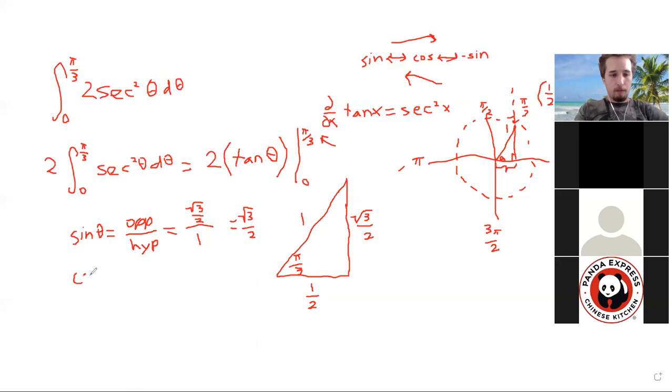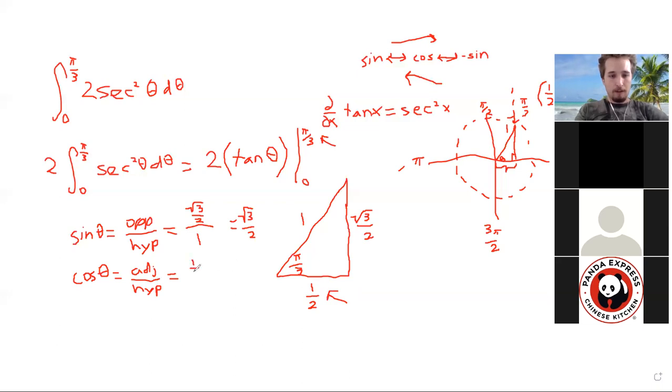And it works the same way with cosine, where you have adjacent. And again, this is from SOHCAHTOA. But you don't need to use SOHCAHTOA if you've already memorized it otherwise. Our adjacent is the one closest.